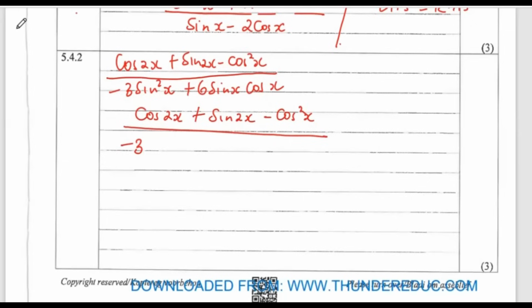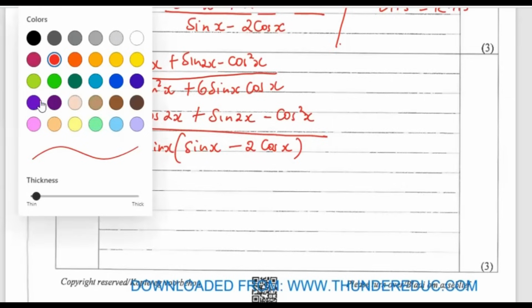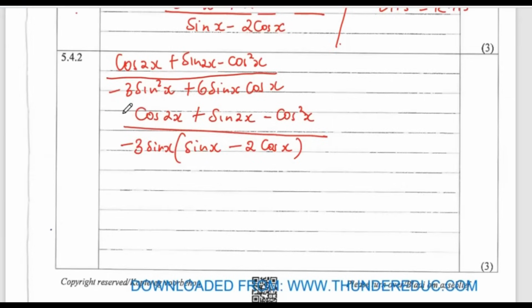So since I'm seeing an extra sine, I'll be left with just one single sine. This is going to reduce to a negative. 3 is out, so it's a 2 plus x. Okay, so this whole thing just looks like my original expression.